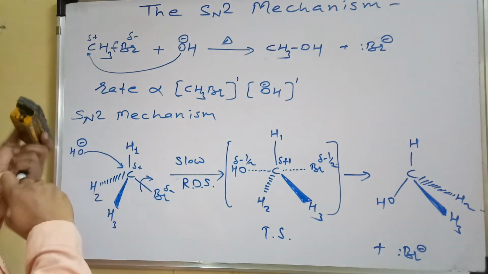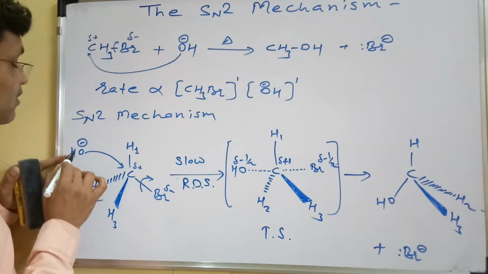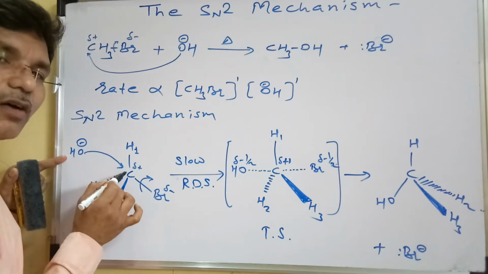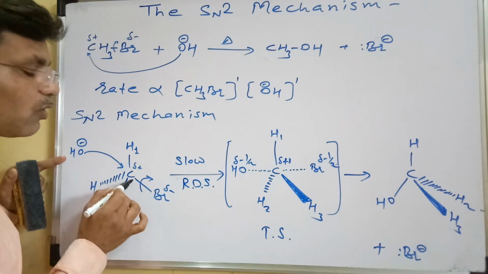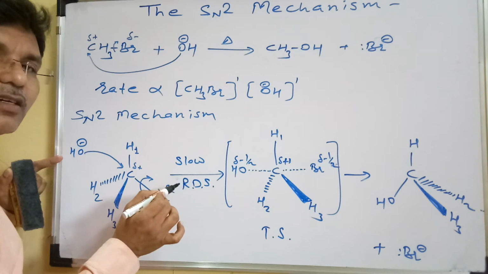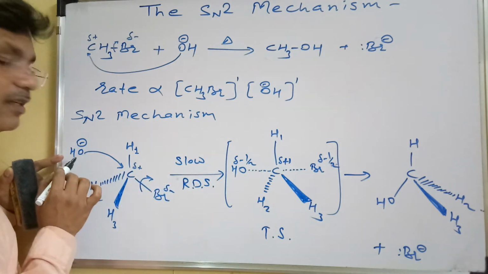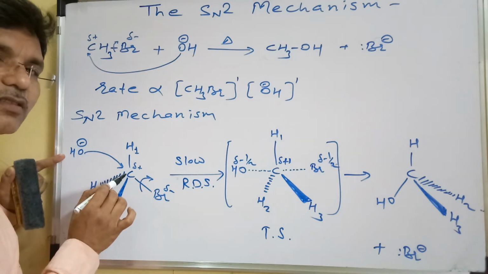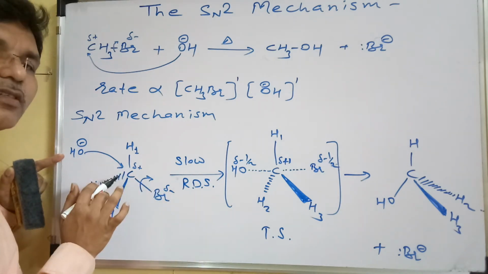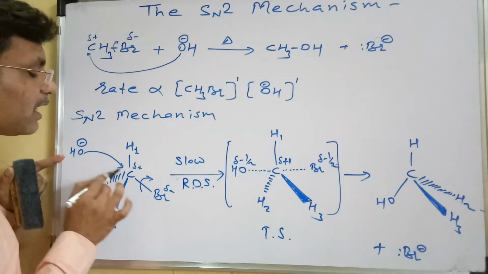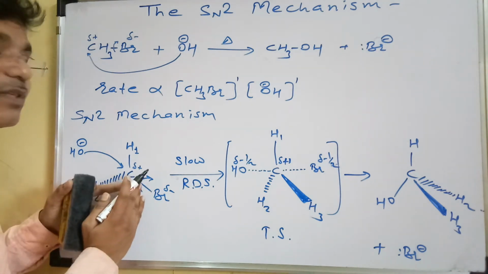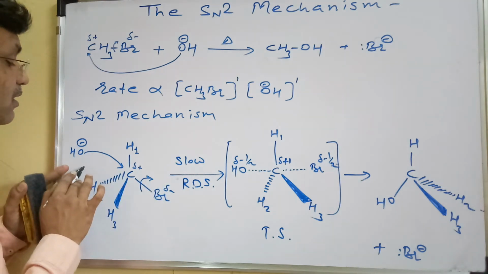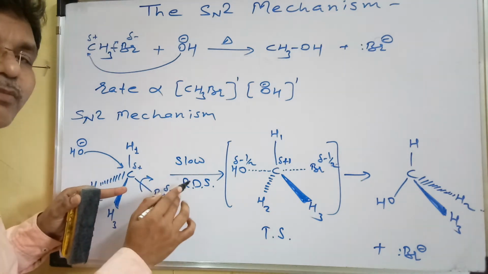That means simultaneously, as soon as this bond starts to form, the carbon-bromine bond starts to break. That means when this OH comes towards this carbon, the Br goes away from the carbon. When this OH is completely attached to the carbon, the Br is completely broken from this carbon. So this is simultaneous bond formation and bond breaking.